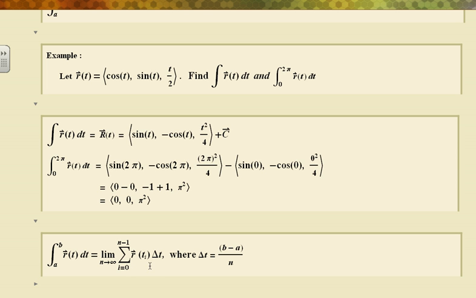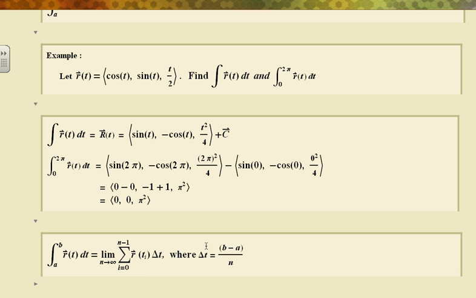This is the same type of definition you would see in a standard Calc 2 regular function definition. The sum from i equals 0 to n minus 1, that's sort of like a left-hand sum, times this function value times delta t. Then we add those up and take the limit as we take more and more components, or smaller and smaller rectangles, where that delta t is b minus a over n.